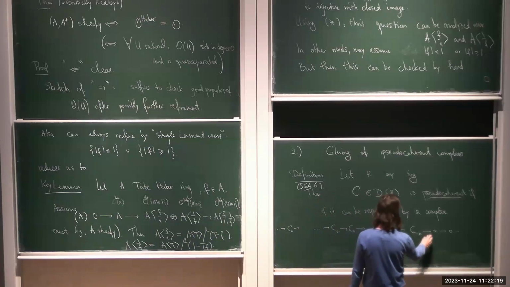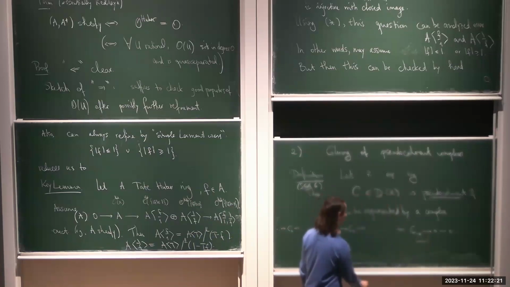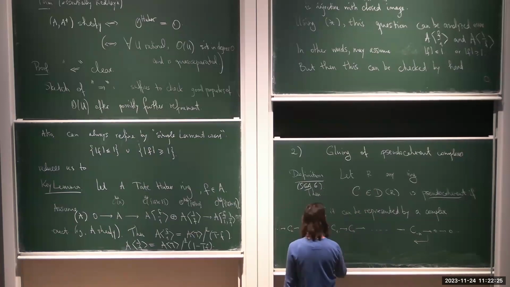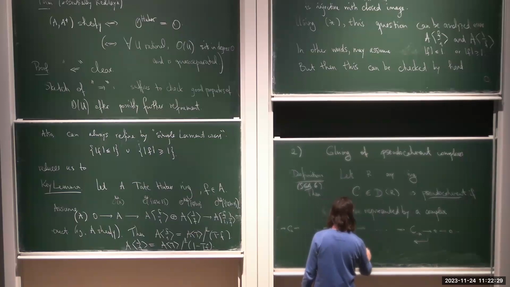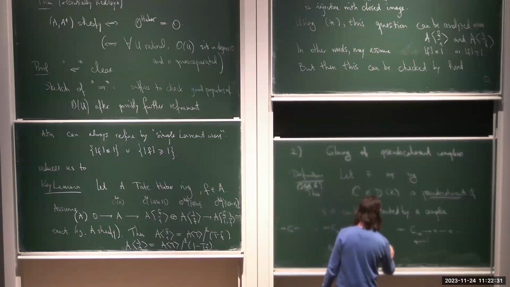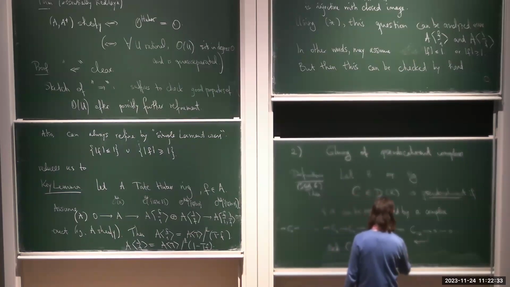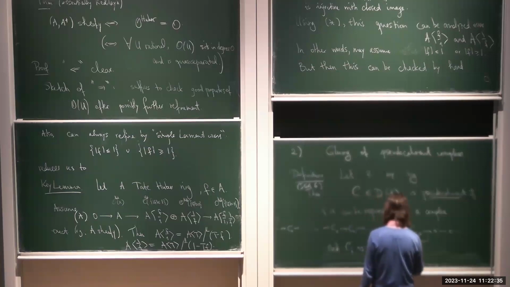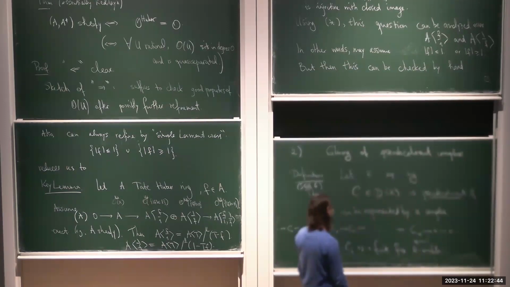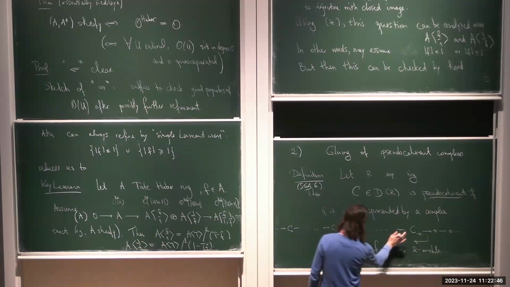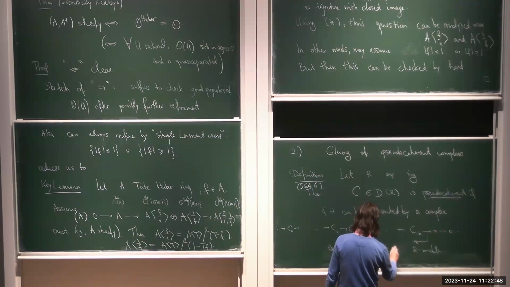So there is some stop here, it goes only to the left. And all of these terms must be finite free, and you could also say that finite projective wouldn't make a difference. Let me actually say finite projective because I want to say something else in a second.